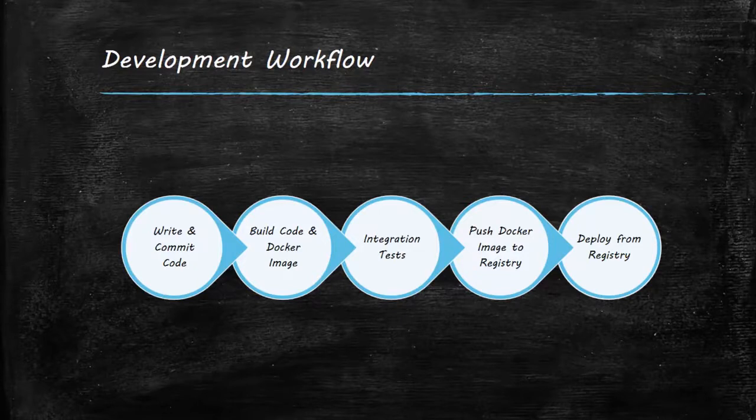If anybody's used the release management tool, it's a little bit like the variables you configure in your release management for your different stages and so on. You write your code and commit. Your build server will go and build that Docker image to check to see if that Docker image builds, and has that in a repository. At that point, you can run some integration tests against that Docker image to see if your application looks okay and works as expected.